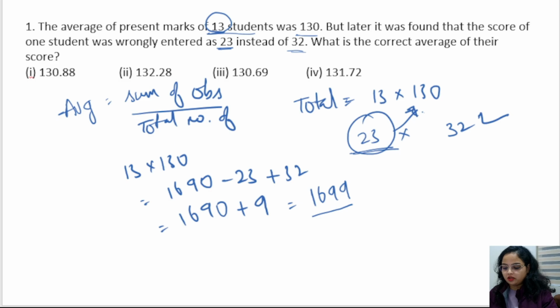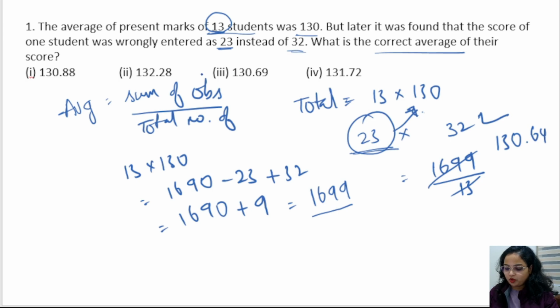And how do we find the average here? Average is 1699 divided by 13. 13 into 13 is 169, so it is 130.6. Third option.